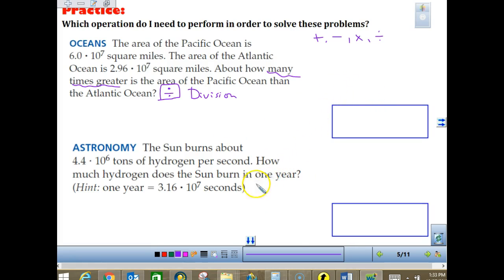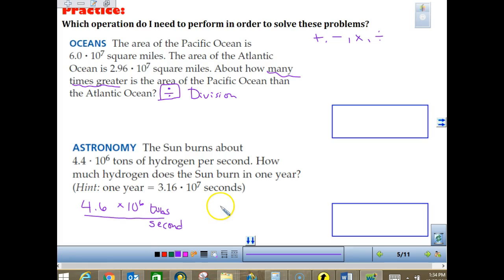The second one, it's telling us that hydrogen burns at 4.6 times 10 to the 6 tons per second. That's what that looks like, right? When you think of in science, when you guys are just working with density, mass, and volume, right? This is tons per second. And it says, how much does it burn in 1 year?